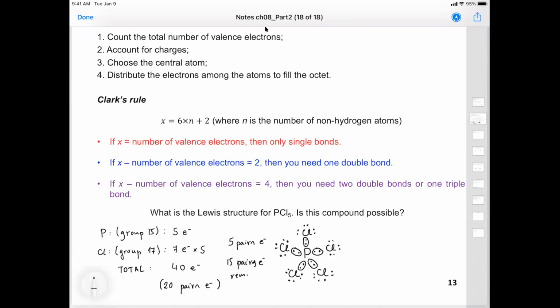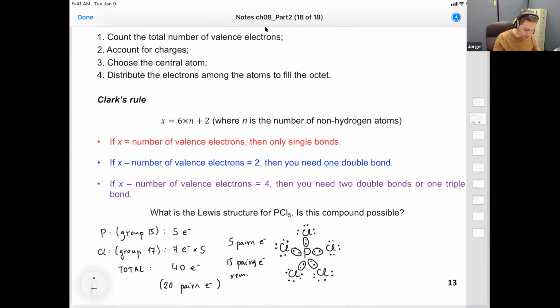Once we did that, now we count again how many pairs of electrons we spent. If there is anything remaining, that will go to the central atom. So we had 15 pairs of electrons remaining.